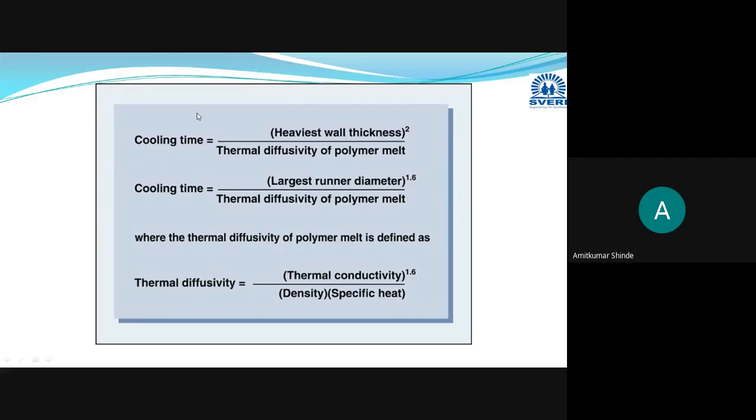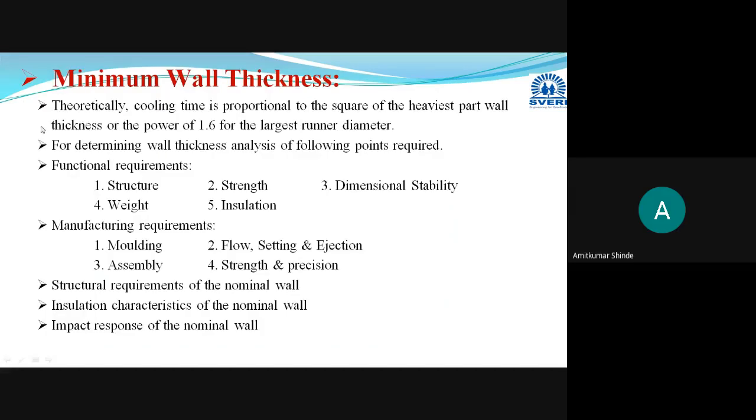When you are increasing the wall thickness 2 times, then cooling time automatically gets increased by 4 times. This is the relationship between the cooling time and wall thickness that I have highlighted in the first point here.